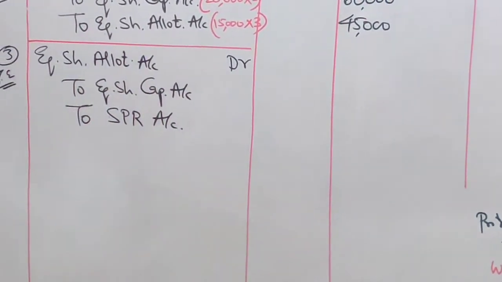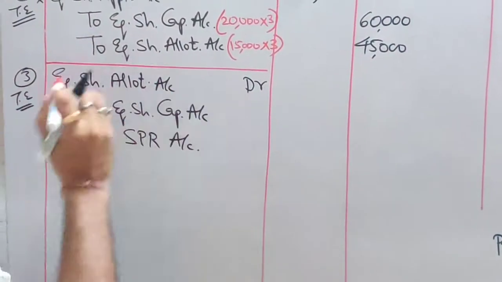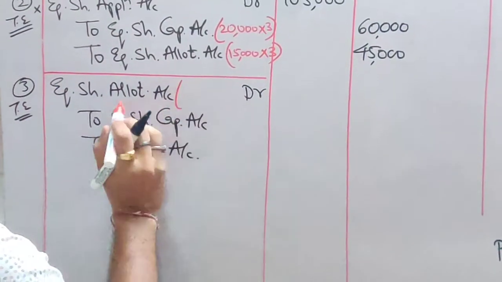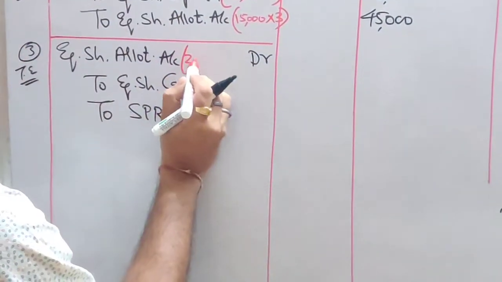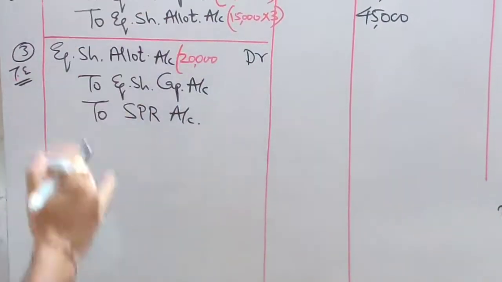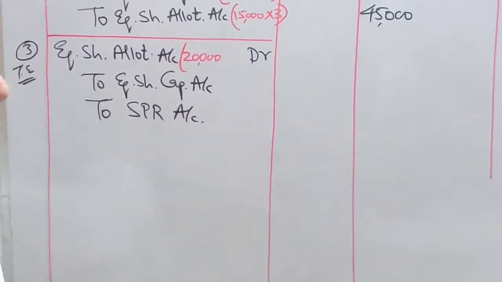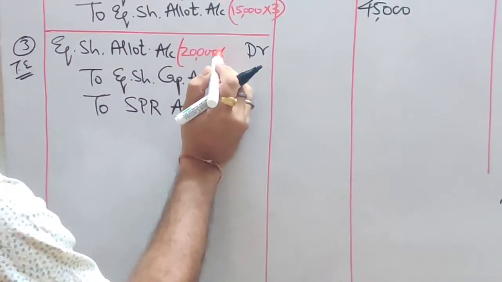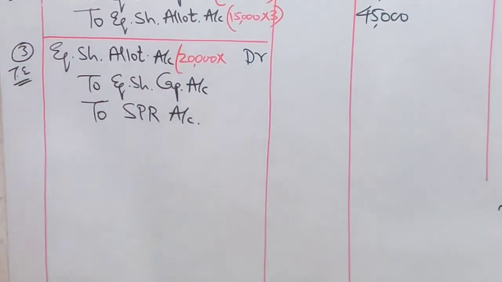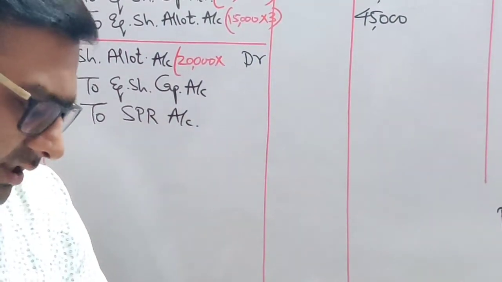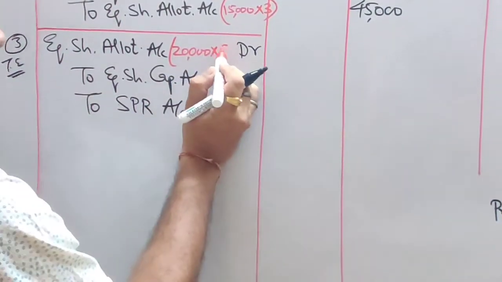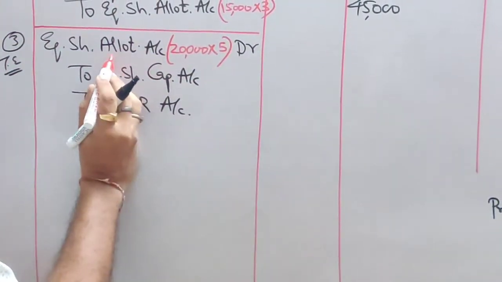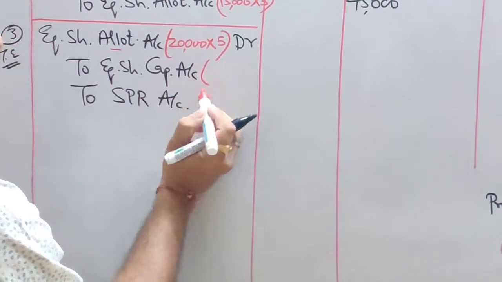So this is your entry for the allotment installment. How many shares have we allotted in total? We allotted 20,000 shares. Now the entire sum you have to solve as per the allotted shares, 20,000. How much are we asking at the time of allotment? Let's check. 5 rupees including premium.